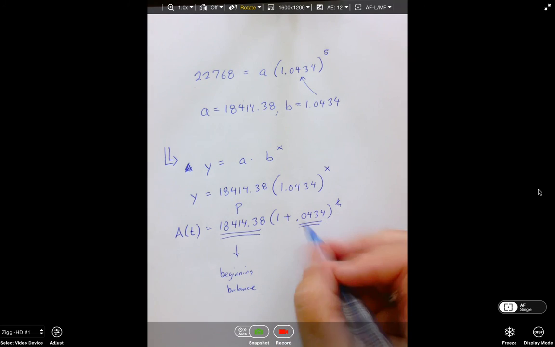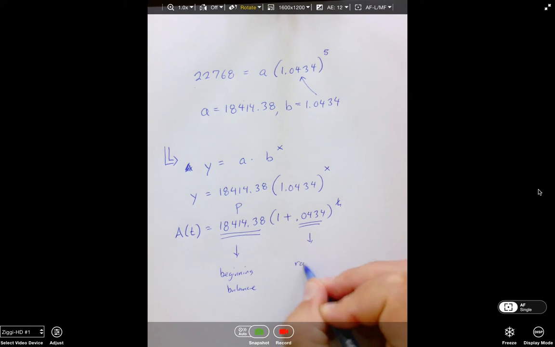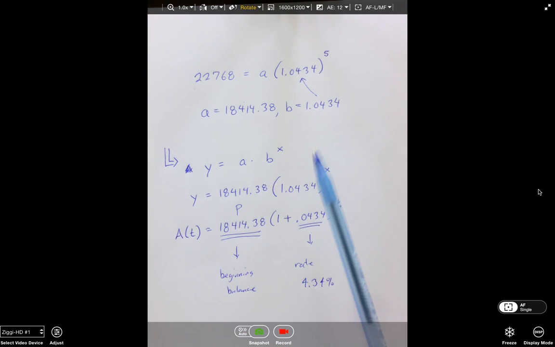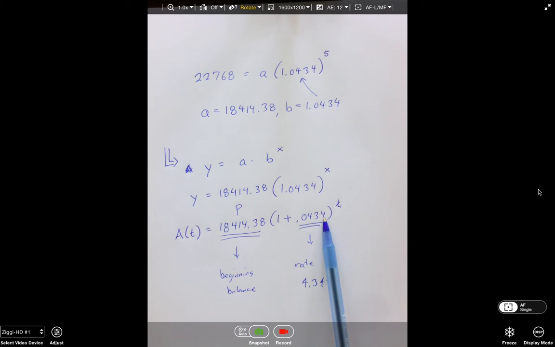Well, this is our rate. So this person, to create these amounts of money at 5 years and 12 years after their initial investment, had to invest $18,414.38 at 4.34% compounded annually to create those two values, okay?